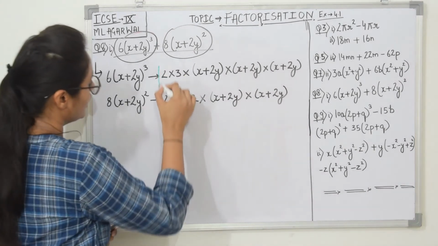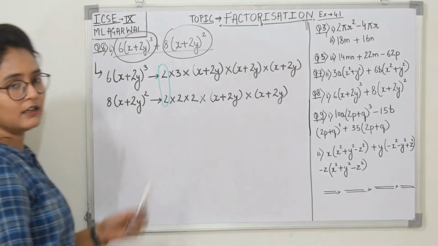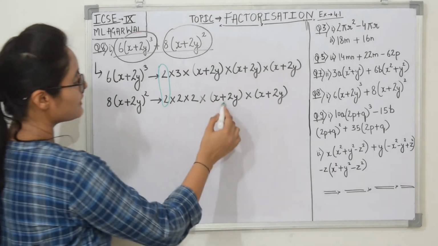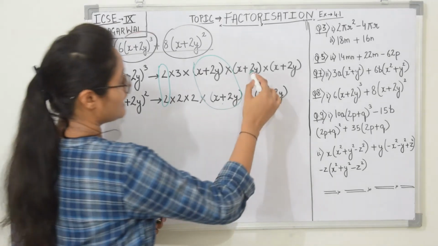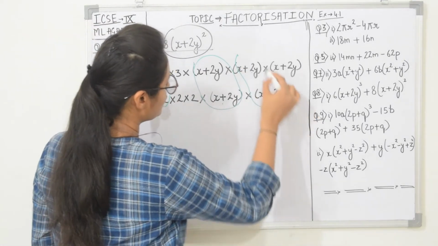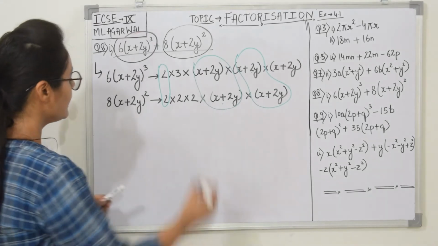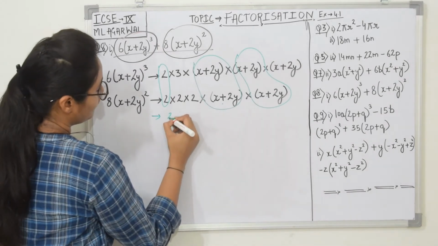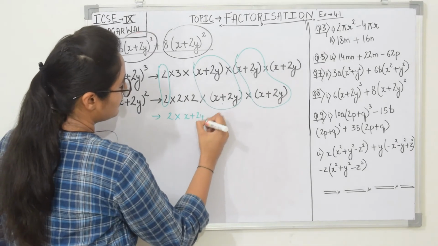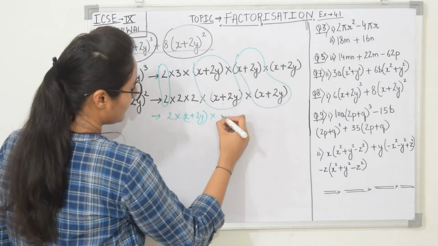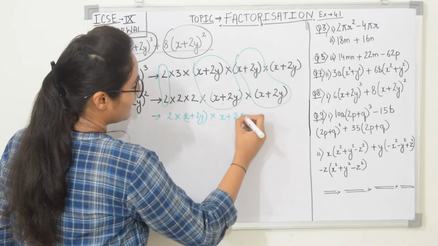Okay, so now see, 2 is visibly common here, one (x + 2y) we have in common, and a second (x + 2y) we have in common. So now what we get in the form of our HCF is 2 into (x + 2y) as a whole multiplied by (x + 2y) as a whole.